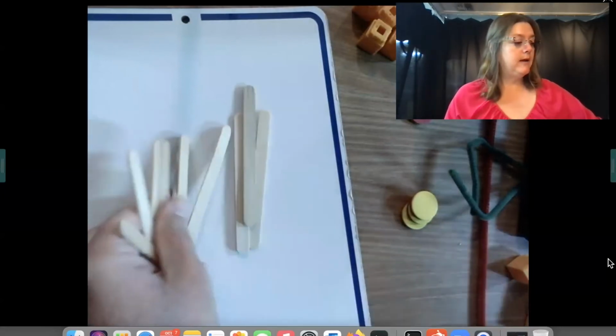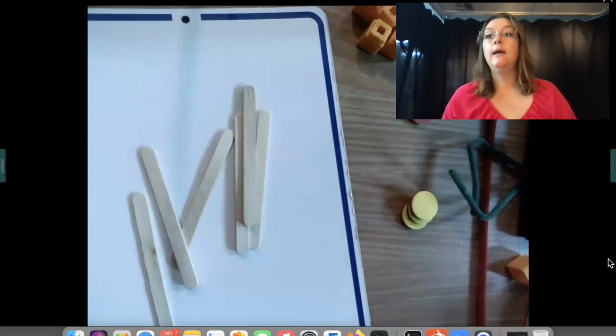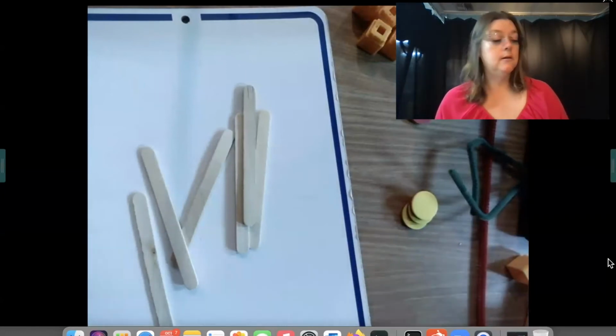Now, one of the things that I love is rubber bands and craft sticks. So I know I'm going pretty quick here, and I want you to think about these kind of things. Rubber bands and craft sticks, because I can lay down craft sticks and I can say, okay, again, this goes back to organization, right?